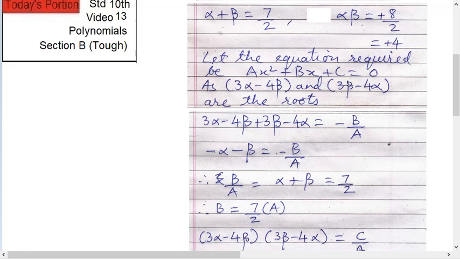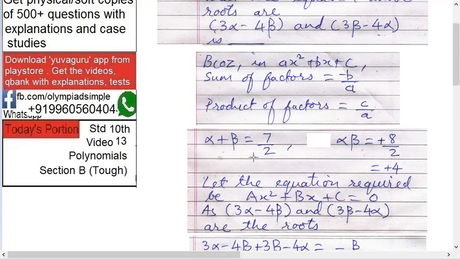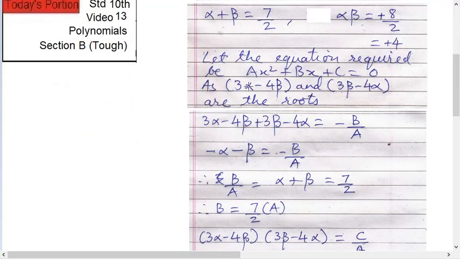Now if these are the roots of this equation, then definitely the same rule applies over here also. Sum of the roots is minus b upon a, product of the roots is c upon a. So here the sum of the roots, 3 alpha minus 4 beta plus 3 beta minus 4 alpha, equals minus B upon A, capital now.